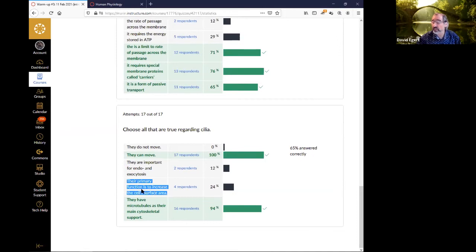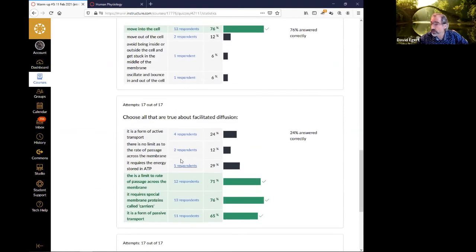Which membrane modification is used if you want to increase surface area? Microvilli, exactly. And then cilia have the microtubules. We talked about that 9+2 arrangement of microtubules and how they have these little proteins in between that pull and make them bend and wiggle. So that's that.